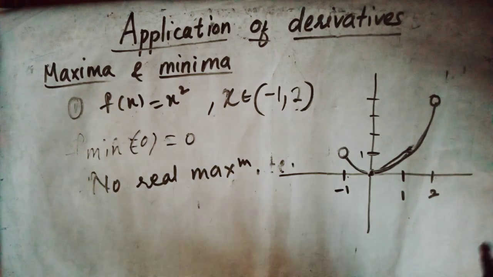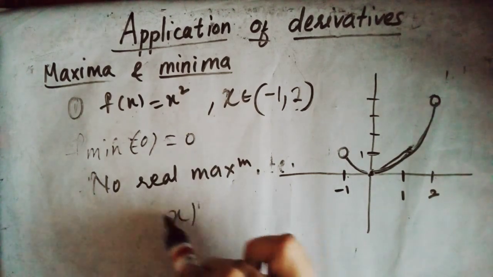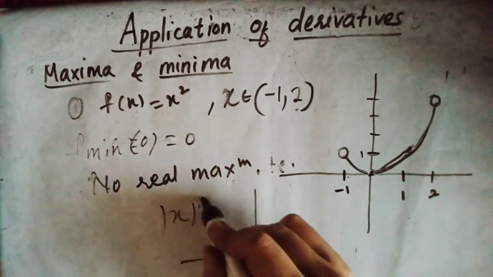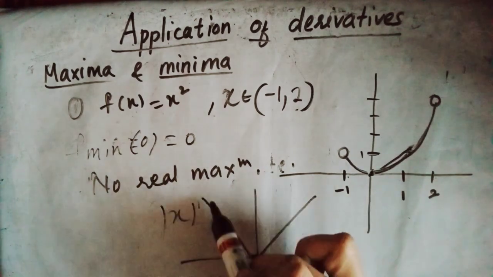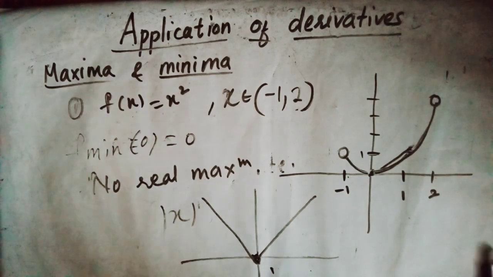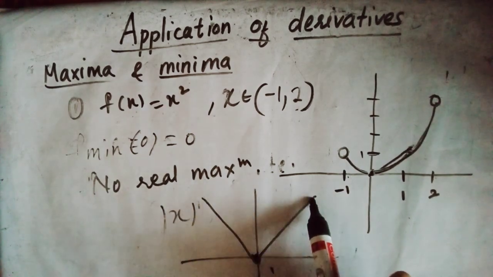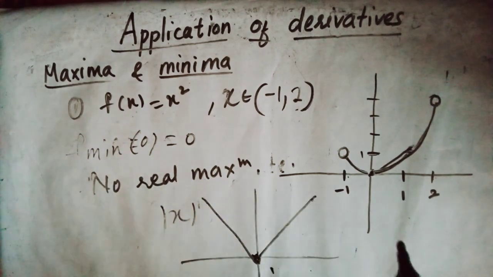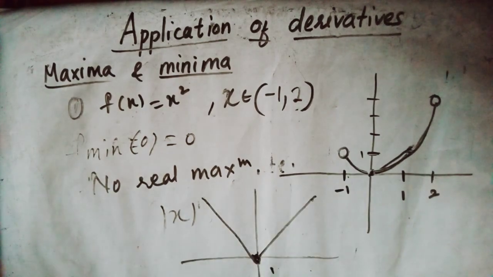Also if you take other functions, say mod of x, you will get a graph like this. So f minimum is there, but maximum, if it is for all x belonging to R, you can't define. If it is given in a closed interval, then you can define. If it is not closed, it is an open interval, then you can't define. This is all about maxima and minima through graphical representation.